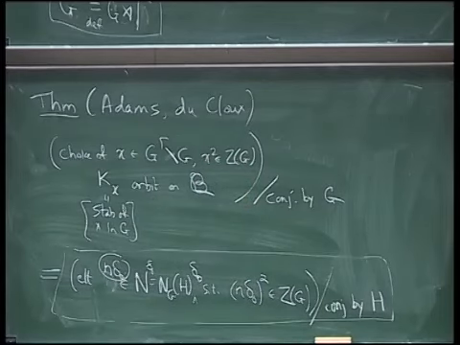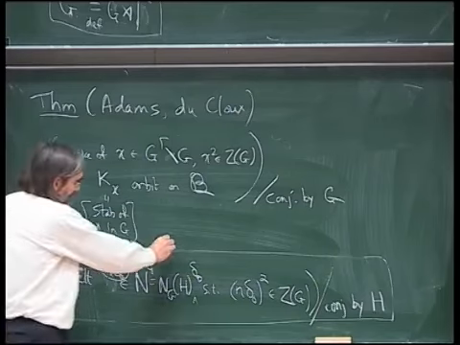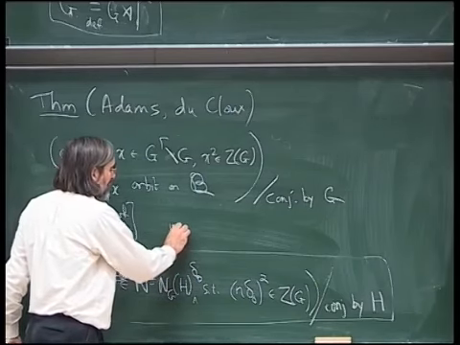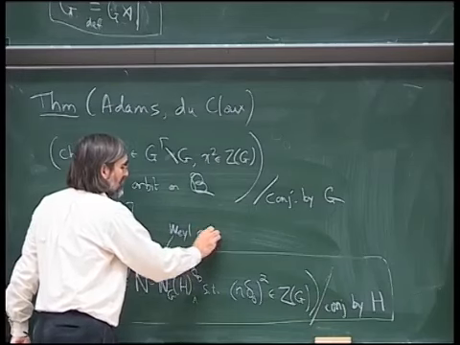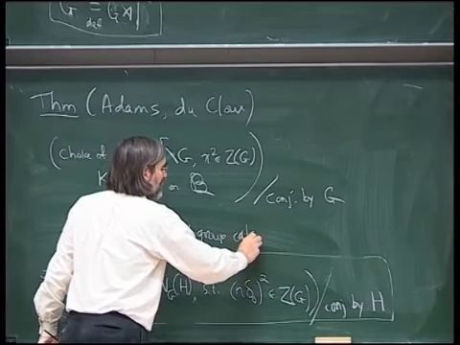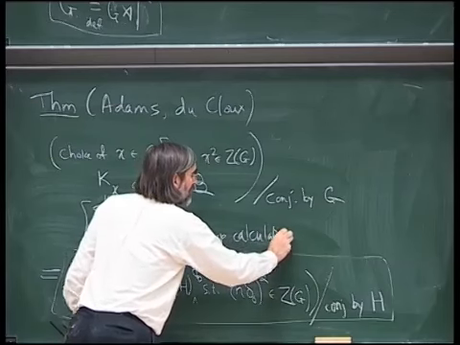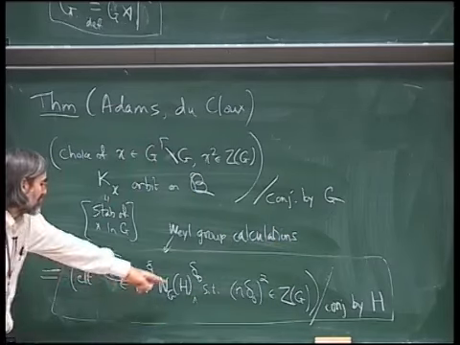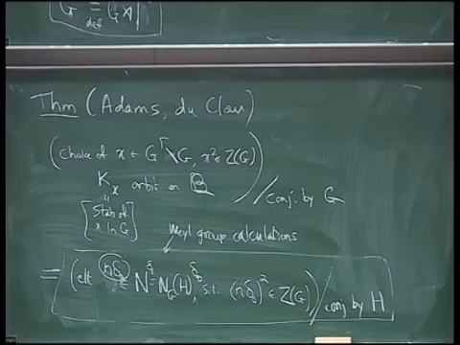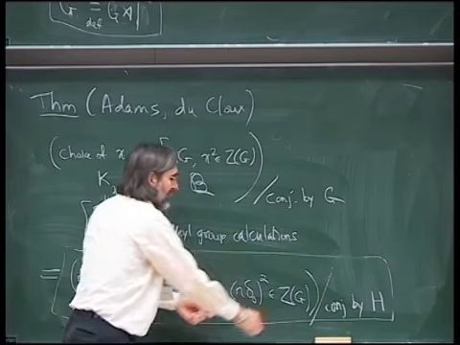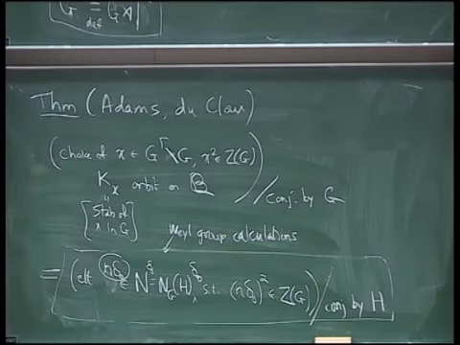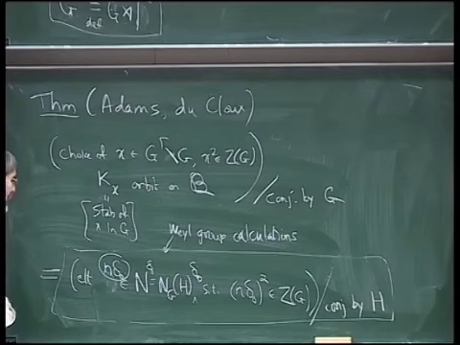So essentially, this is Weyl group calculations. It's a little bit worse than that because the Cartan is here a little bit, but this condition that the square is in the center means that not much can happen from the Cartan.